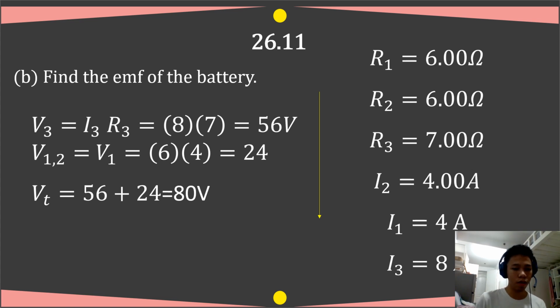You just substitute the values, 6 times 4, which equals 24. So V12 is equal to V1, and they're both equal to 24 volts. Then you just add the two voltages, V3 and V12, and you're going to get 80 volts for the EMF of the battery, or the electromotive force of the battery.